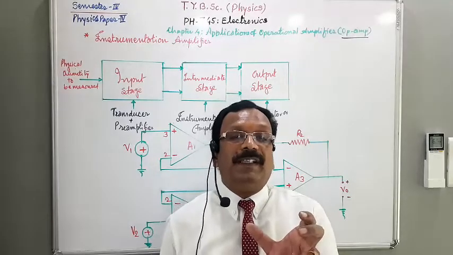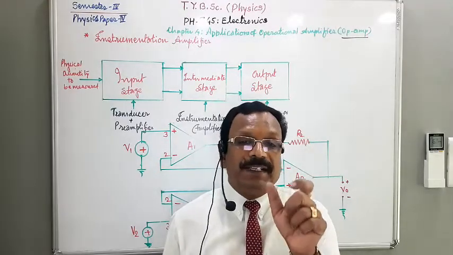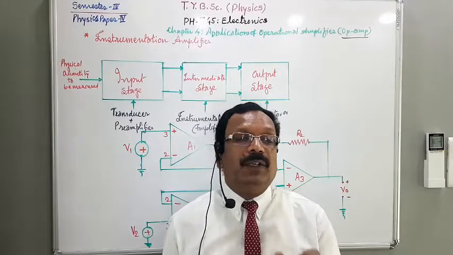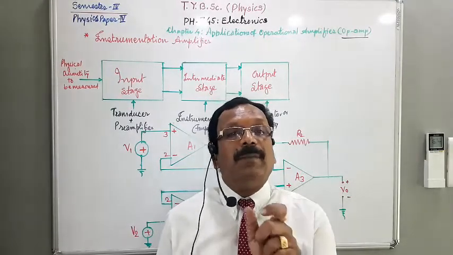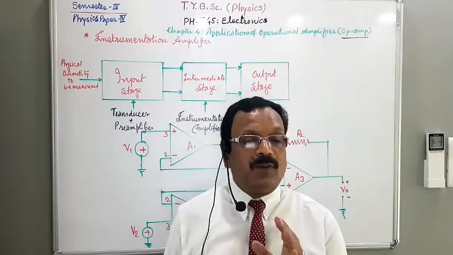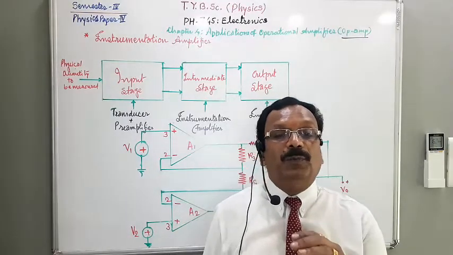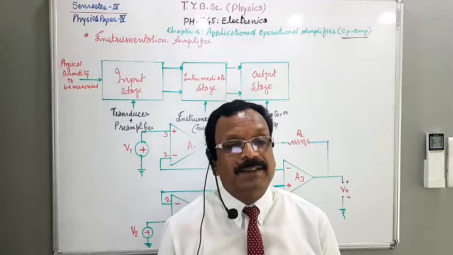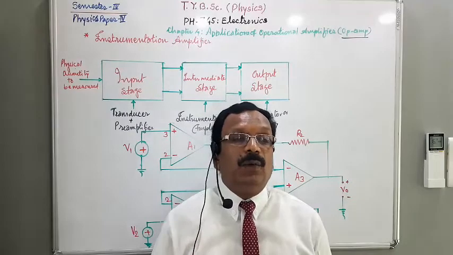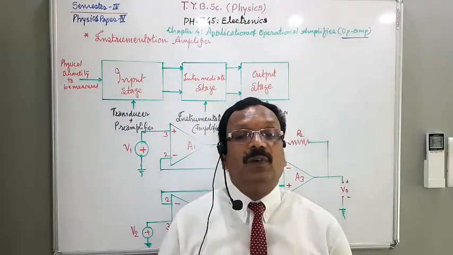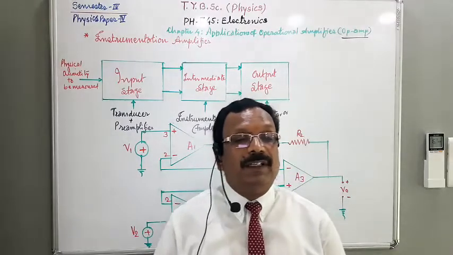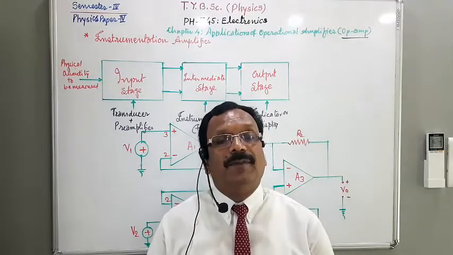In short, the instrumentation amplifier is intended for precise low level signal amplification, where low noise, low thermal and time drifts, high input impedance, high common mode rejection ratio, and accurate closed loop gain are required.